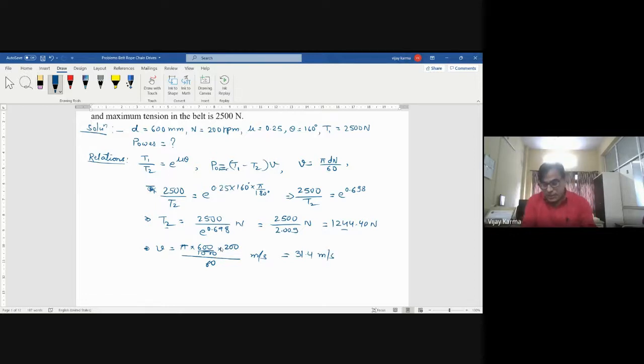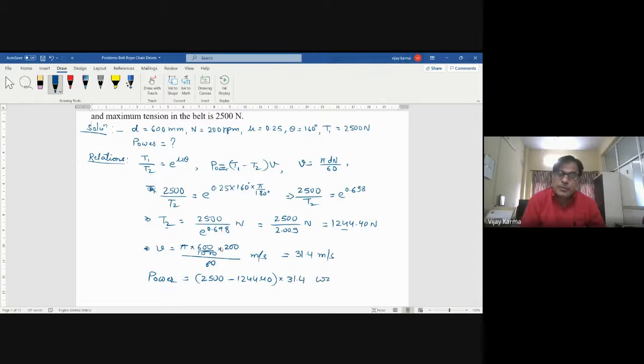Just cross check this value. Always cross check. If the value is correct, then calculate power: 2500 minus 1244.40 multiplied by 31.4.